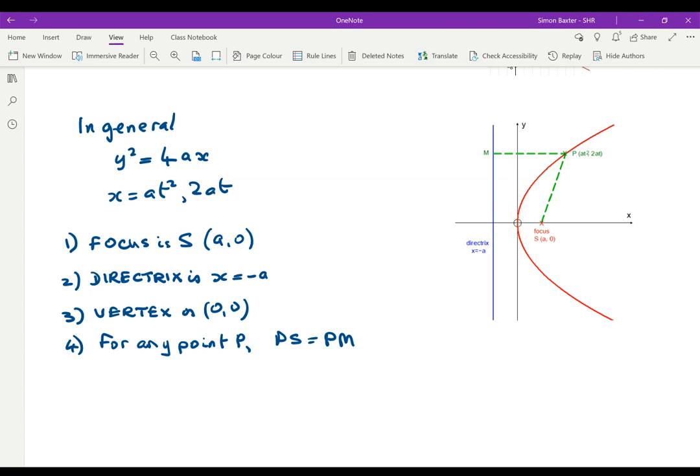Firstly, let's just look at the distance from P to M. The x-coordinate of P is at squared, so the distance to the axis is at squared. This is the line x equals minus a, so the distance there is a plus at squared.